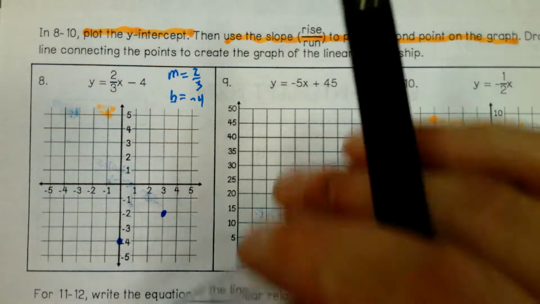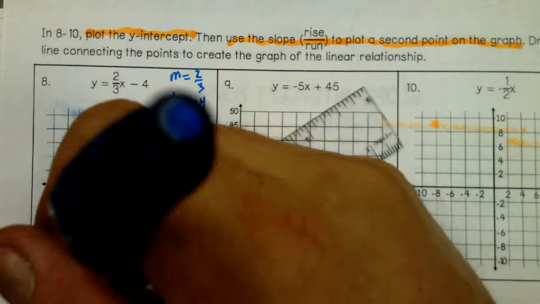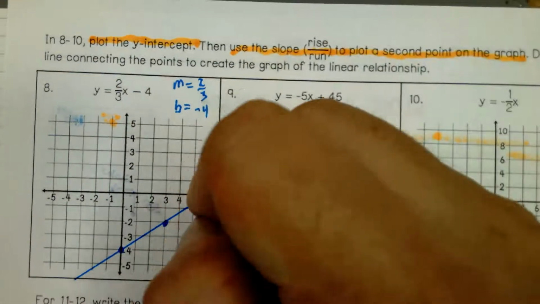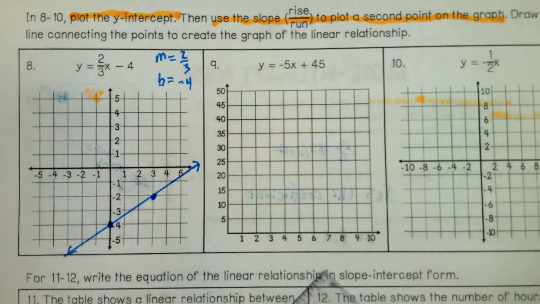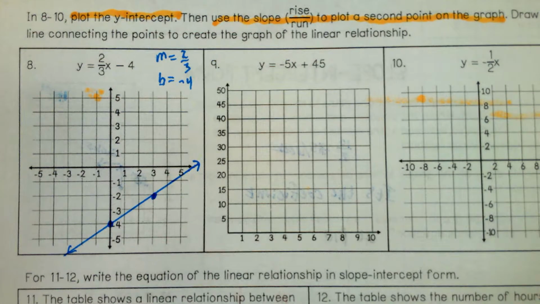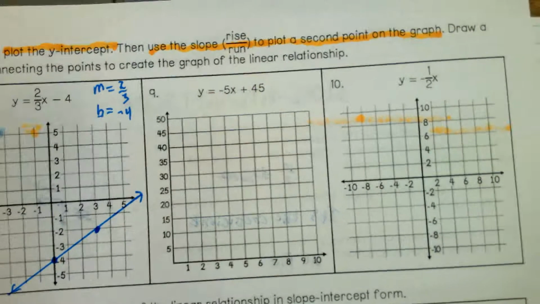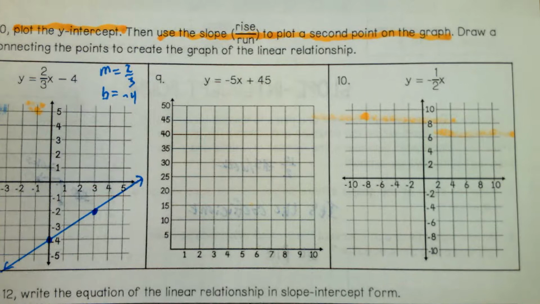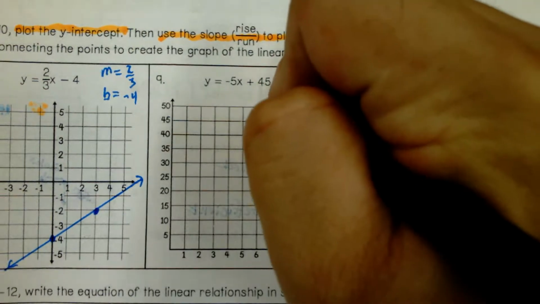So I think that's the case here. So my line will go like this. Up 2 across 3 from the y-intercept point. And there's our line. Okay. So let's find the slope and the y-intercept for the rest of these, and then you can graph them.